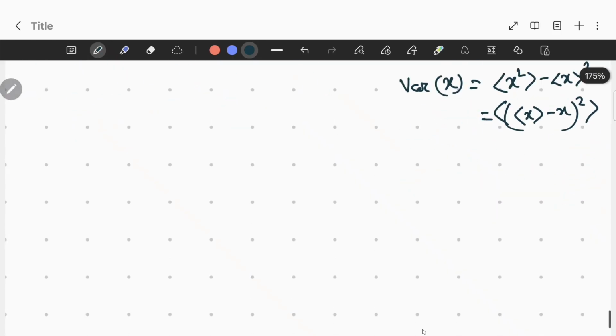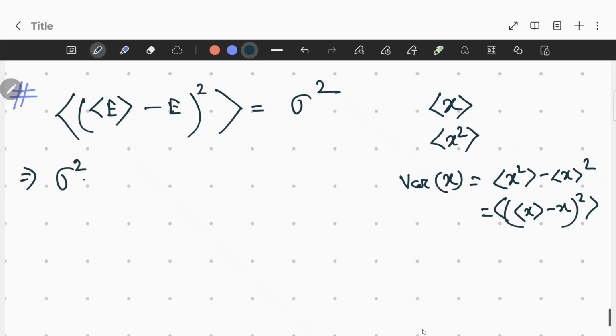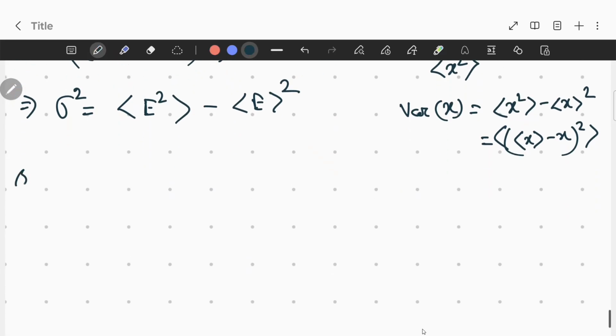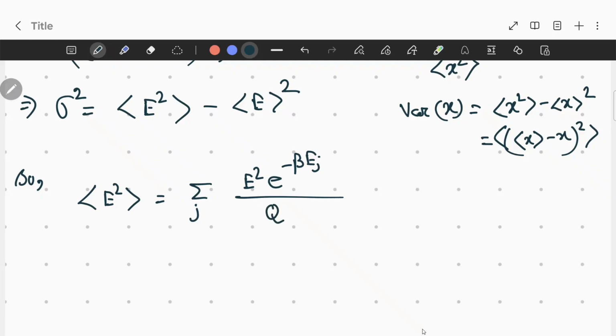So what you can write from here is that E square is basically this one. Same thing. This part you know. E average you know, but E square average you don't know. That's why. What is E square average? It is just the sum over j of E_j square p_j, which is e to the minus beta E_j divided by Q. This you have to calculate.